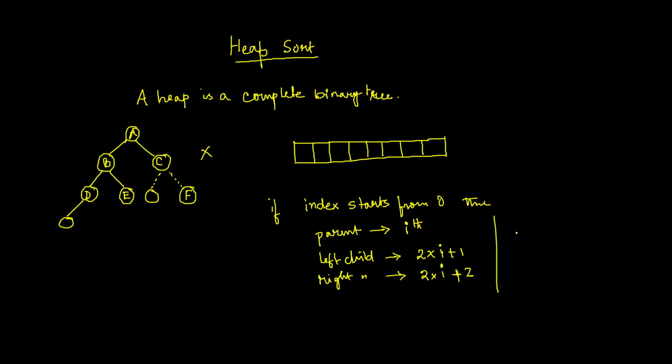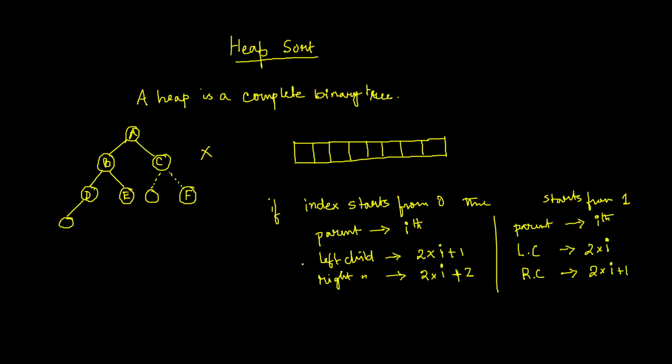In another way, if the index starts from 1, and the parent is at the ith position, then the left child will be at position 2 into i, and the right child will be at position 2 into i plus 1.